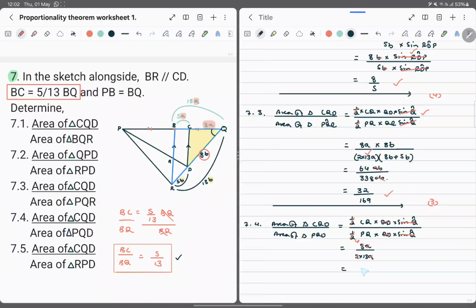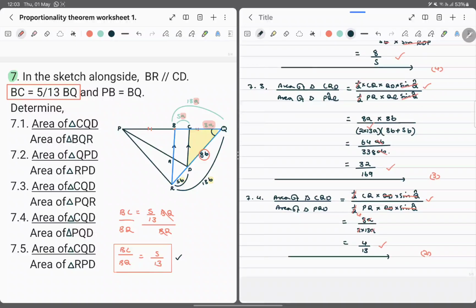So all we have here is just 4 over 13. Nice and easy. Not too complicated. Again, strategy. So obviously the rules for both triangles is key. And substitutions are too obvious at this point. The answer is what matters. This could be 2 marks. Not a big deal. All right, guys, so this is great. It is palatable.